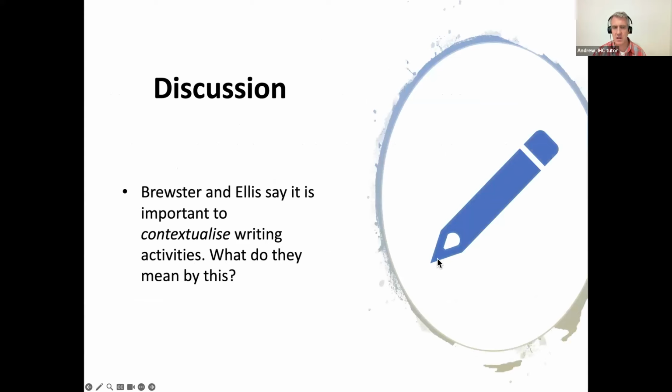Now, Brewster and Ellis say it's important to contextualize writing. What do they mean by this? So you may have to go back to the text and infer. Why do you think it's important to contextualize writing? What does that mean exactly?